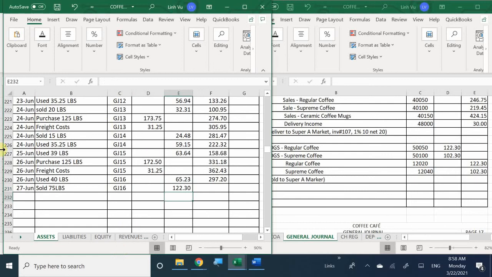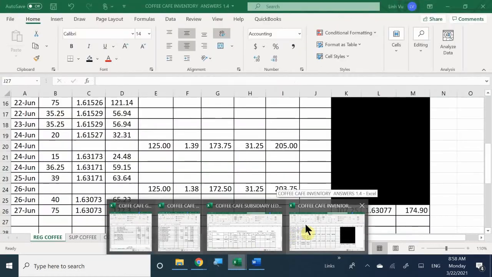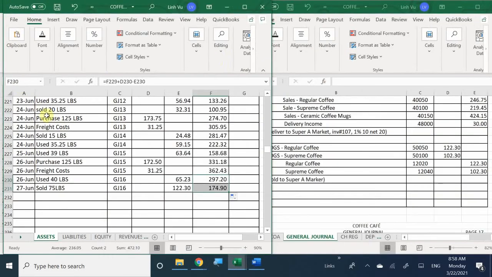So what's our ending balance? $174.90, which matches our inventory worksheet? Yes, it does.